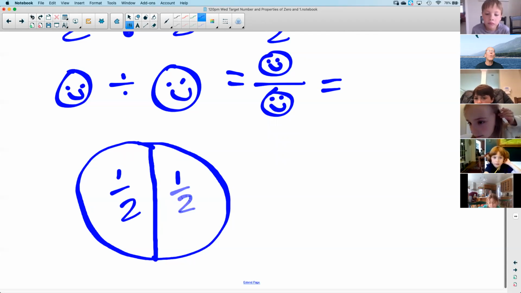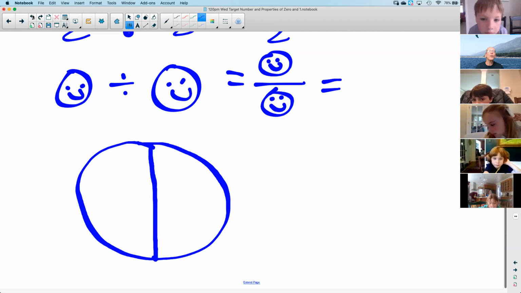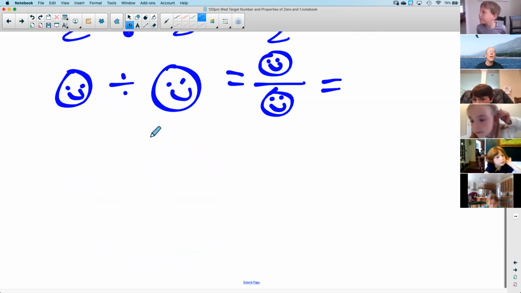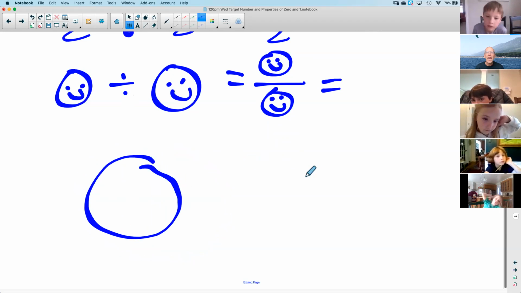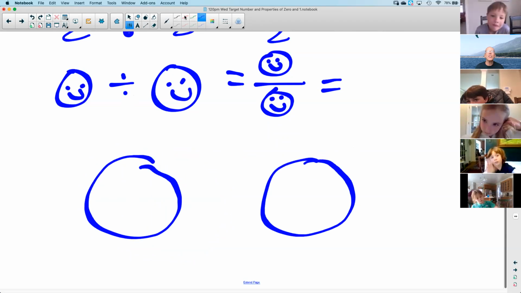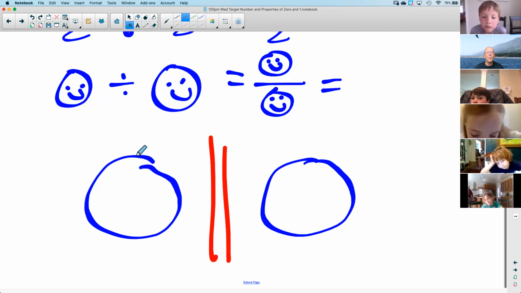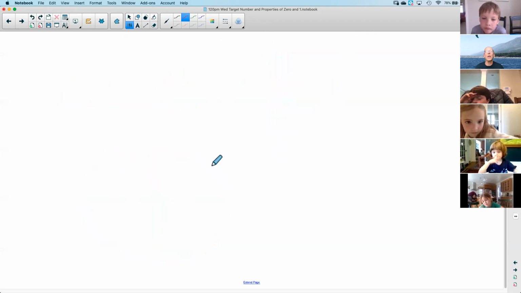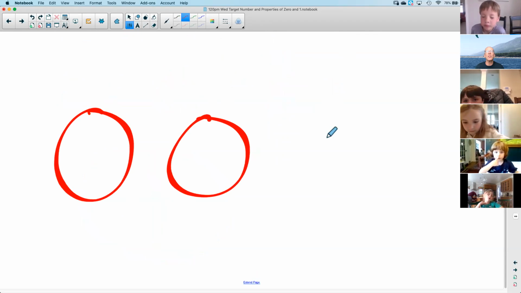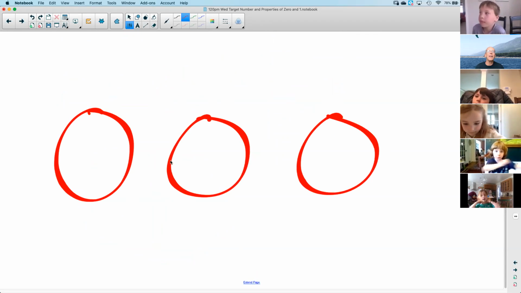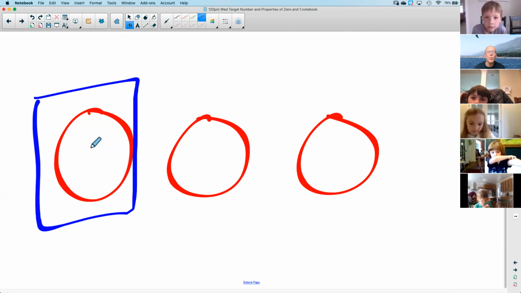But what if I took 2 whole circles and divided them into 2 groups? Each group would be 1. What if I took 3 circles and divided that into 3 groups? Each group would have just 1.